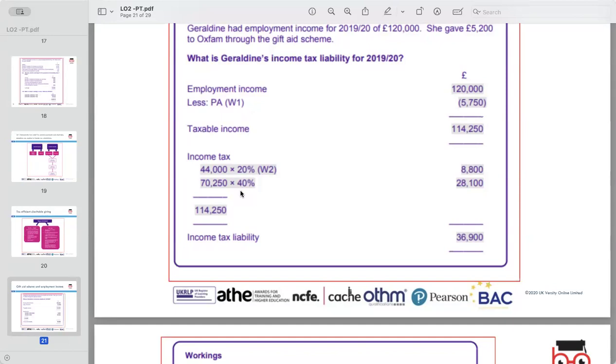Adding the tax amounts from both tax bands, Geraldine's total income tax liability for the tax year is 36,900 pounds. Any questions so far?